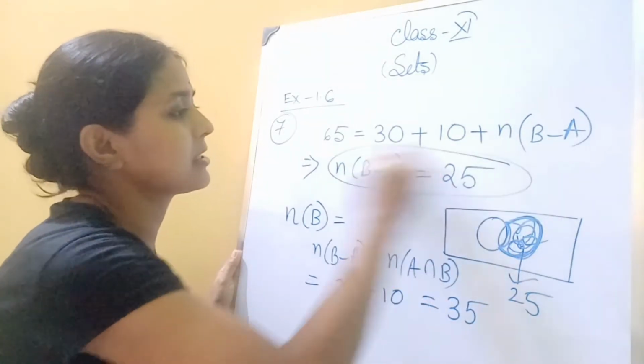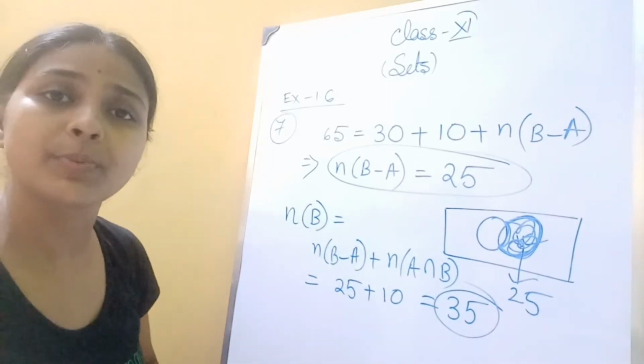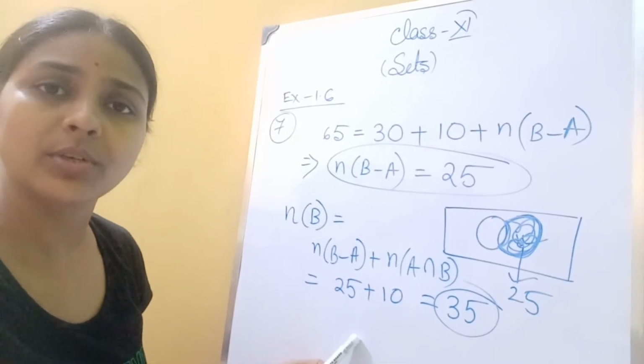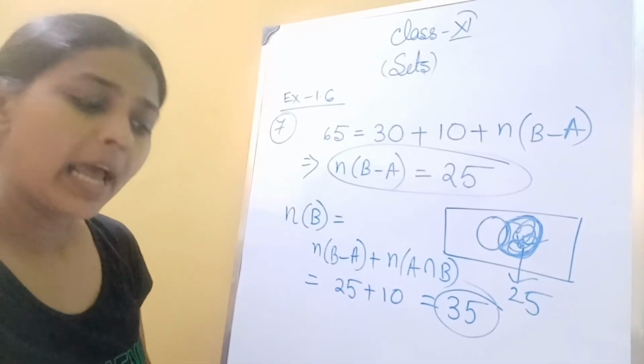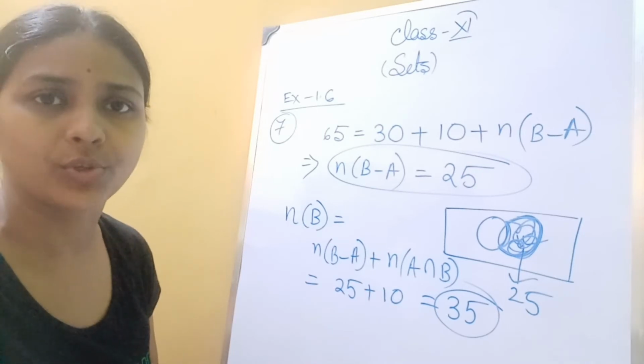So this is the first answer and this is the second answer. I hope you have all understood it. It's very simple, and this is the common process for most of these types of questions.